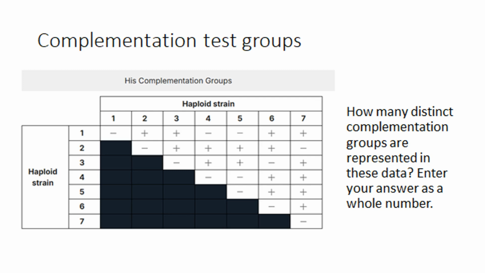Firstly, we have to know that the groups are histidine minus. If we cross within the same group, it will not give us a wild type organism, as we see here.